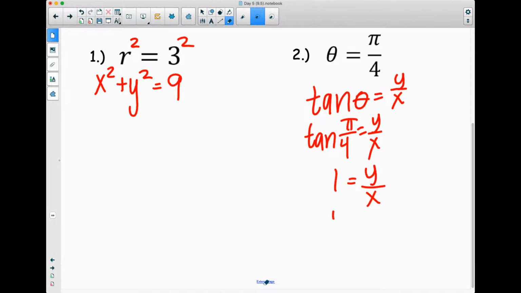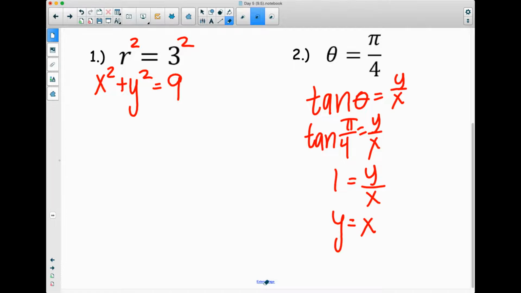Multiply by x on both sides. Exactly what we did. If I was to graph the line 45 degrees, or if I was to graph the line y equals x, they're the same thing. So we're just changing between two different forms here. We're not manipulating it to where it changes the value of any of these problems.